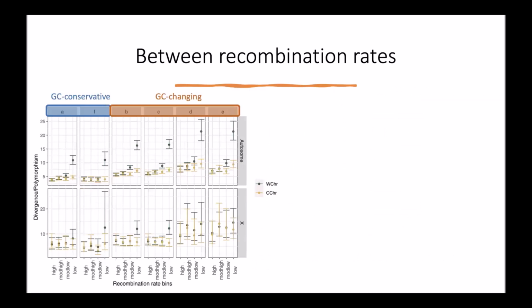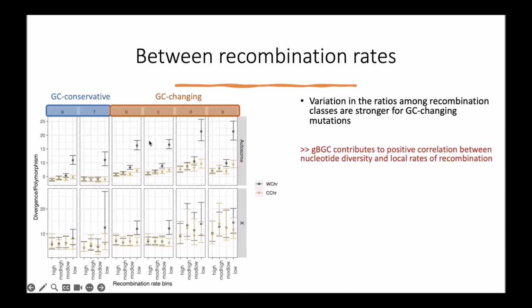I again check the divergence over polymorphism ratio. First thing I want to show on the association: the variation in the ratios was much stronger for the GC changing mutation. So it suggests that GC-biased gene conversion contributes to this positive correlation.